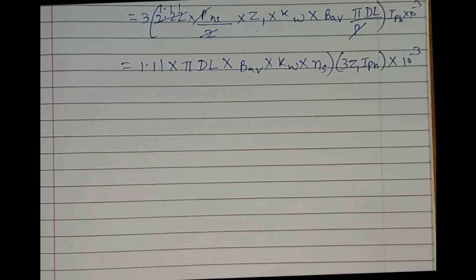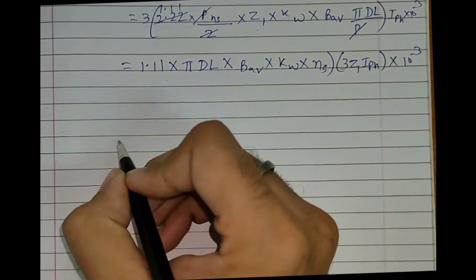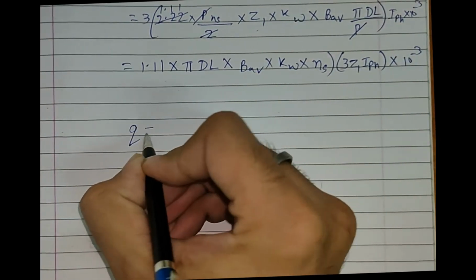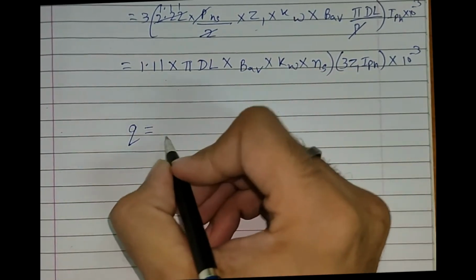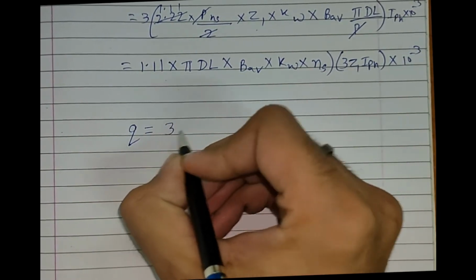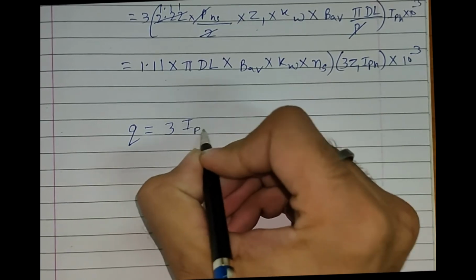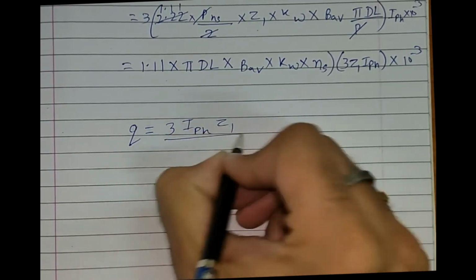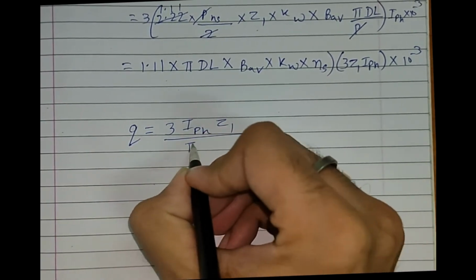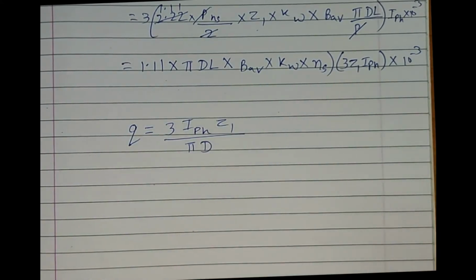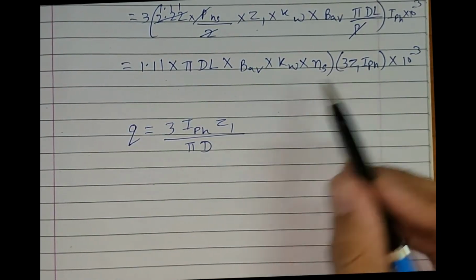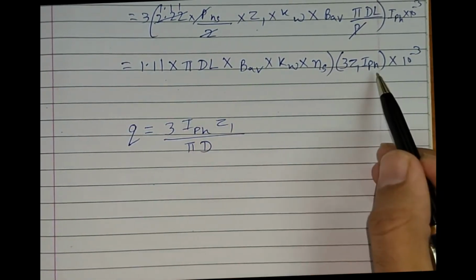Now we have already seen earlier that the specific electric loading q is given by 3 into IPH into Z1 upon pi d. Now if you look here, I already have 3 into Z1 into IPH.